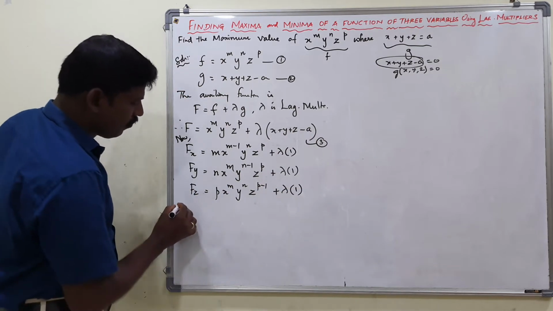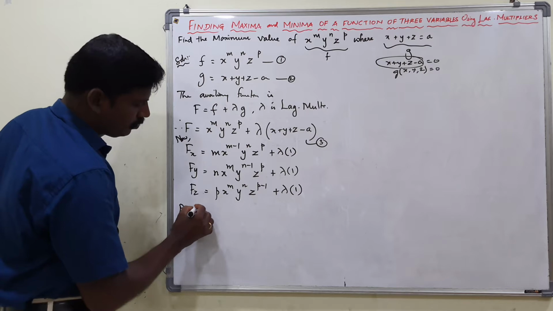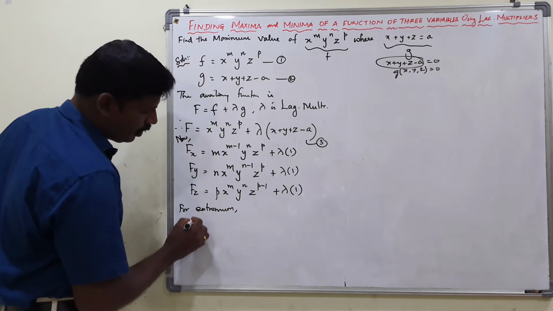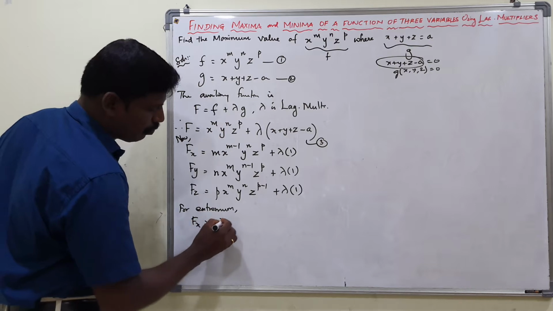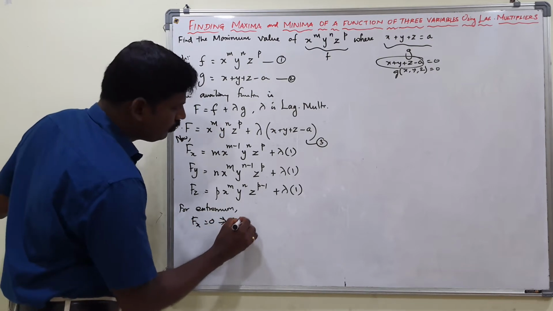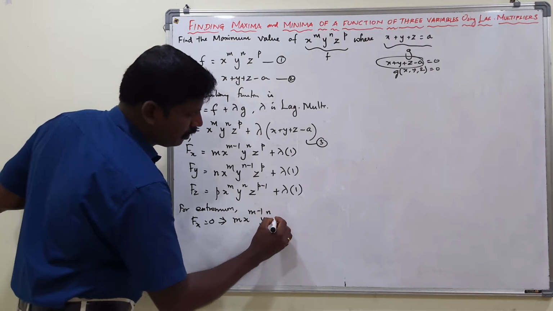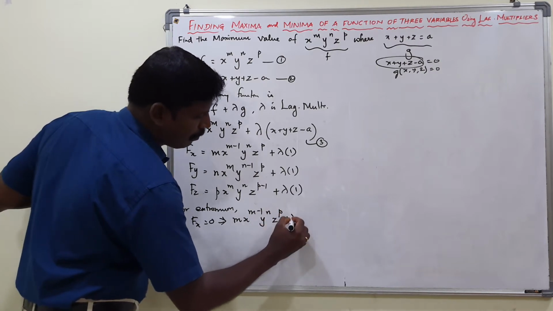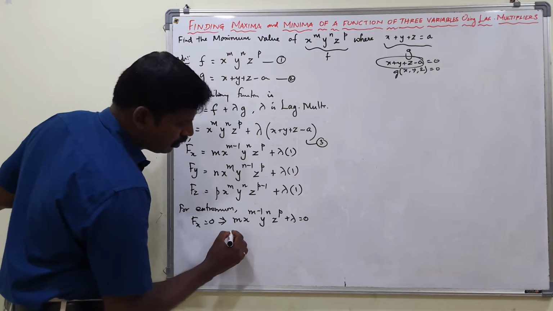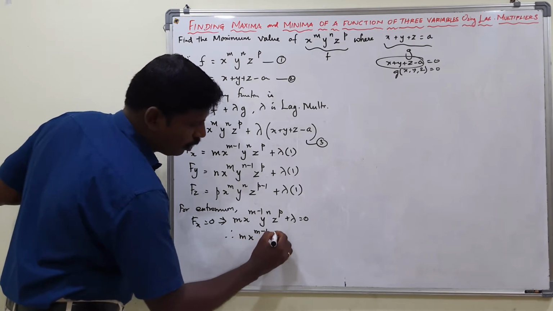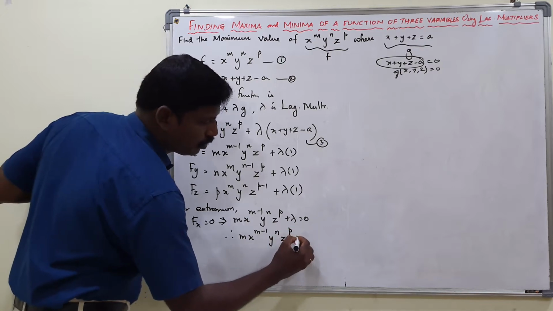Right? That's all. So for extremum, equate Fx to 0. m into x power m minus 1 y power n z power p plus lambda equal to 0. Therefore, m into x power m minus 1 y power n z power p is equal to minus lambda.